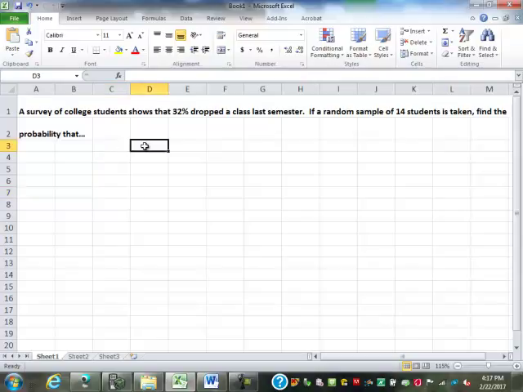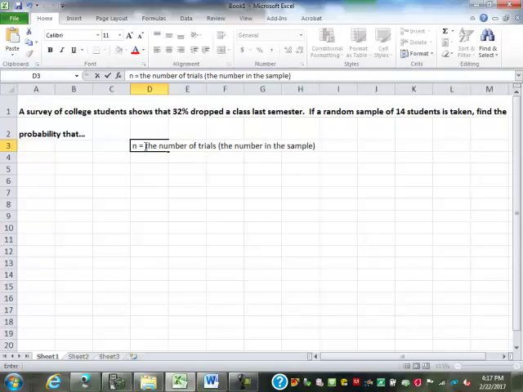So what we have here so far, remember, n is the number of trials. In this case, the number in the sample. So for this problem, n is going to equal 14. P is the probability of success on an individual trial.